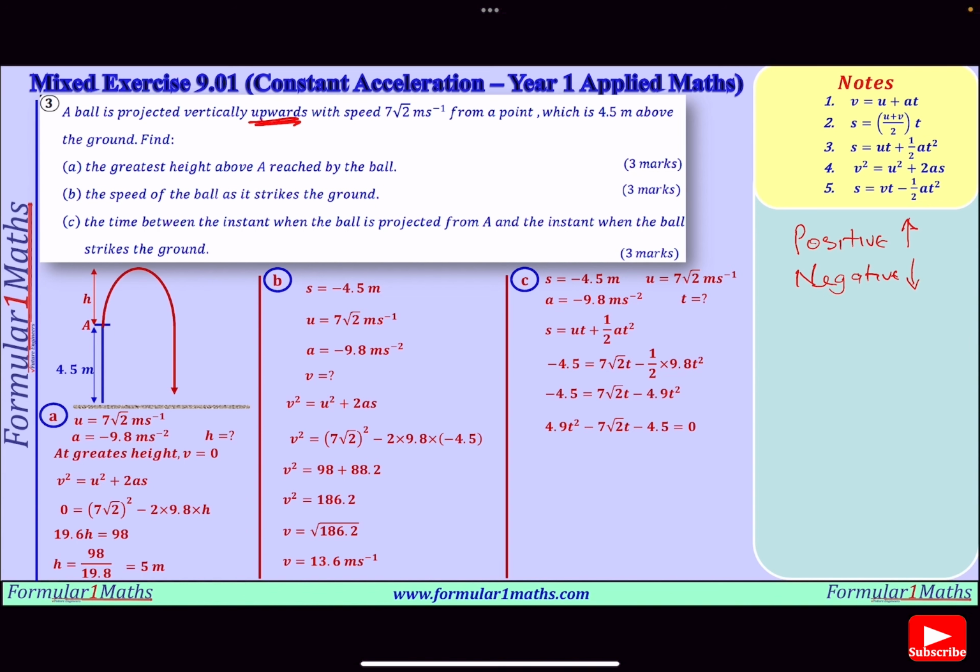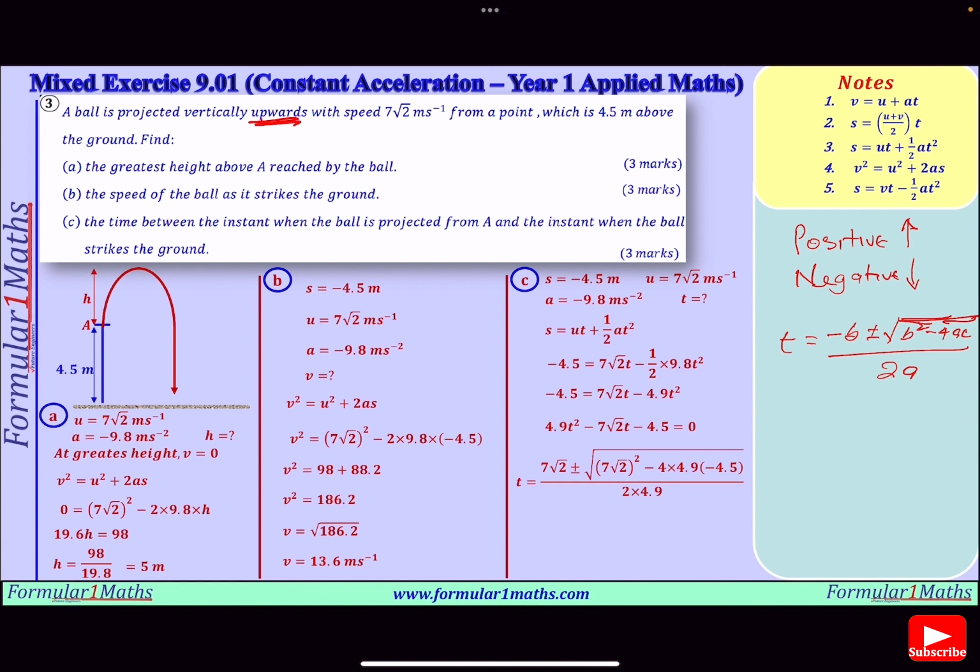So we use the formula to get the values of t. And the formula is t equals minus b plus or minus square root of b squared minus 4ac, over 2a, where a is 4.9, b is minus 7 root 2, and c is minus 4.5.